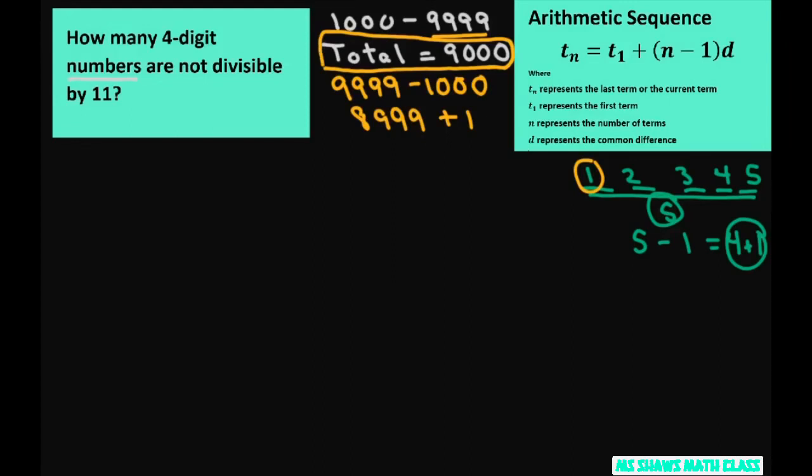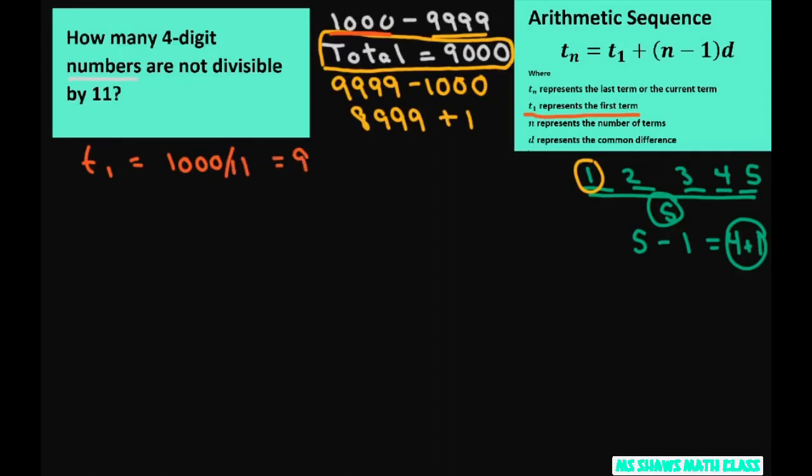Now, once we have that, we're going to go to our first term. And we're starting at something 1,000 or higher would be our first term. So what I did is I took my calculator to find the first term. And I said 1,000 divided by 11.